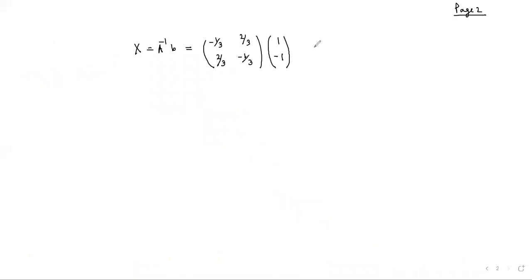And on the left hand side, that is X, we have the column matrix x, y. The order of the first matrix is 2 by 2, and the order of this matrix is 2 by 1. So definitely the order of the product of the two matrices will be a matrix of order 2 by 1.